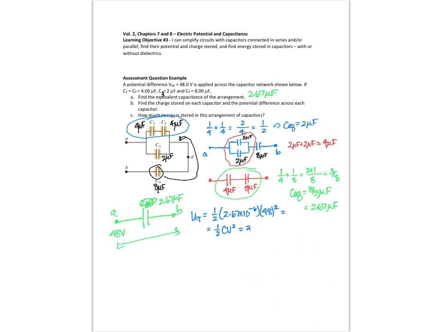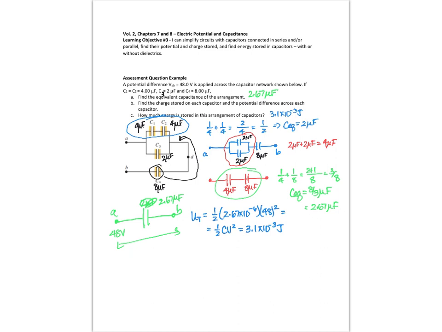And that energy turned out to be 3.1 times 10 to the minus 3 joules. So that's my answer for part C, but we're going to come back and revisit this once I do part B, which is finding the charge and potential across each of the capacitors.